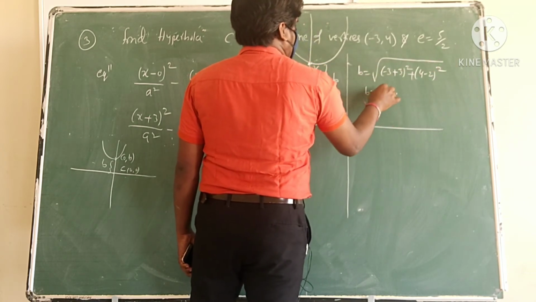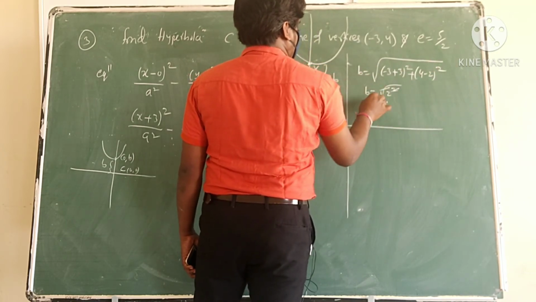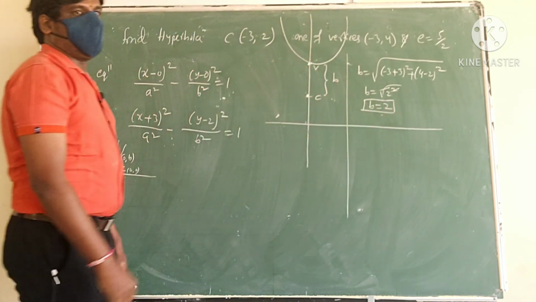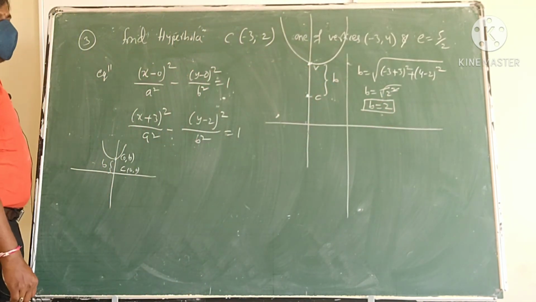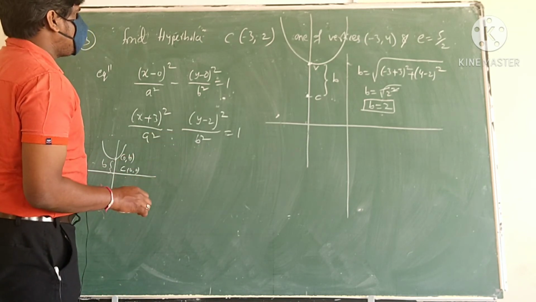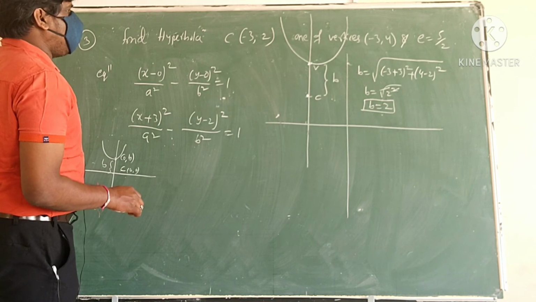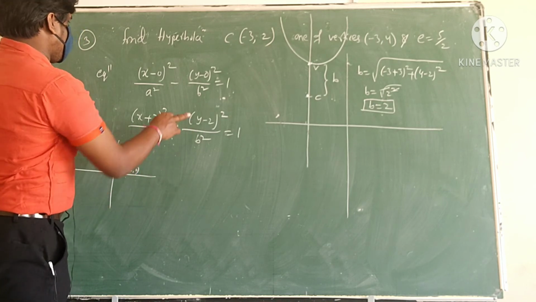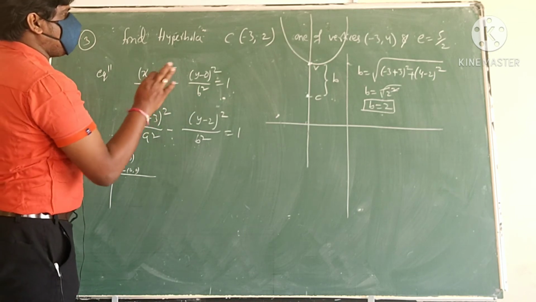So B is equal to under root of 2 square, square root cancels, B is equal to 2. B is equal to 2 you have. Next, you have e is equal to 5 by 2.